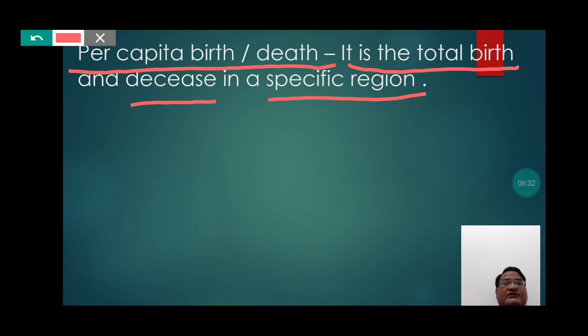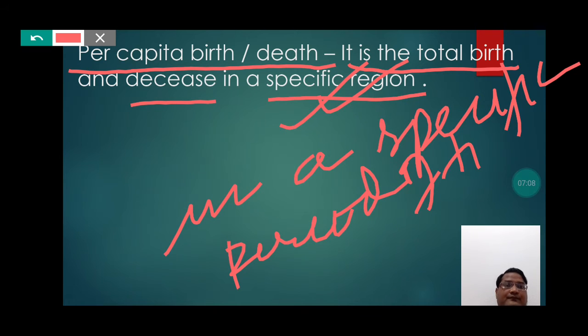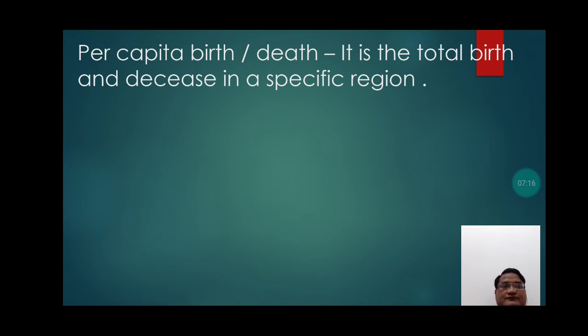So students, per capita birth and death is actually the total number of newborns along with the total number of expired or deceased newborns in a particular area in a specific period of time, and it is called the per capita birth and death, which also plays a very important role in determining the growth and the population of a specific geographical area.